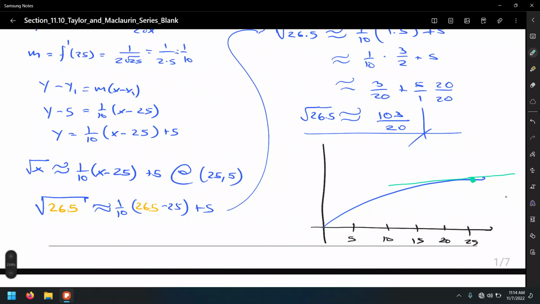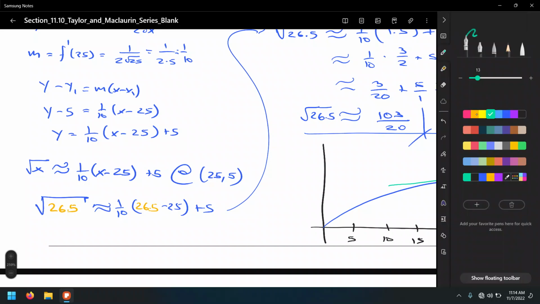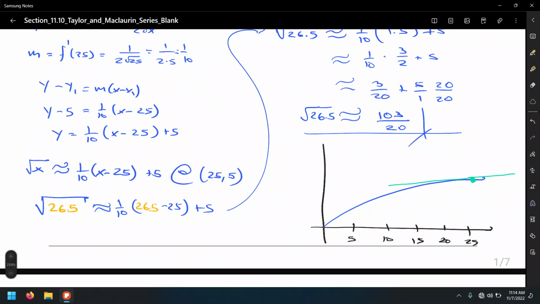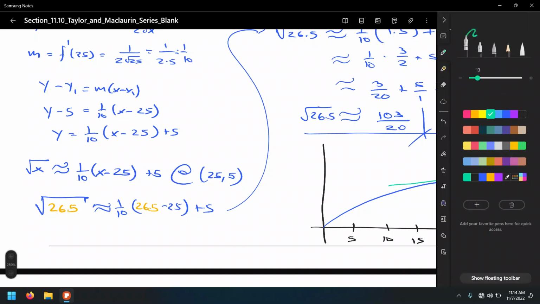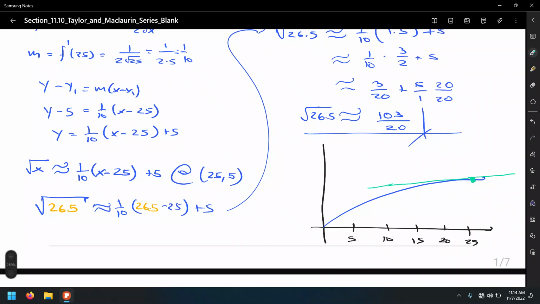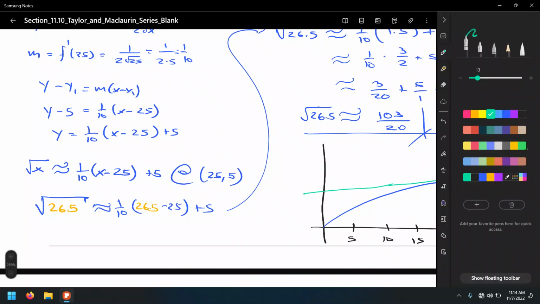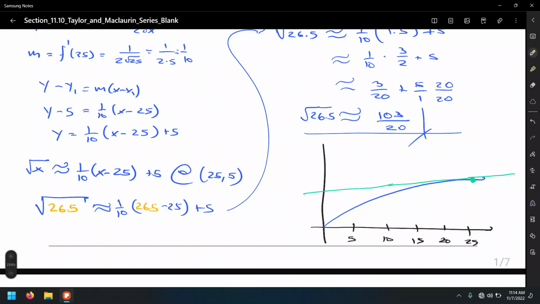So we are using this linear approximation to evaluate the square root of 26.5.